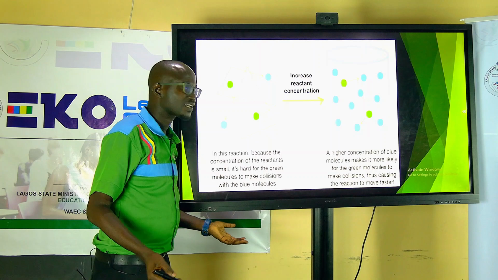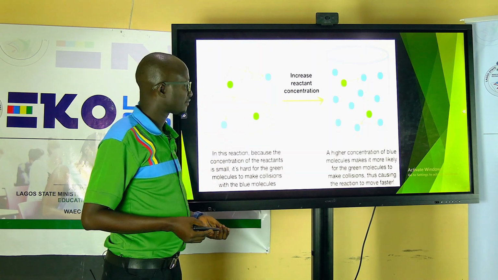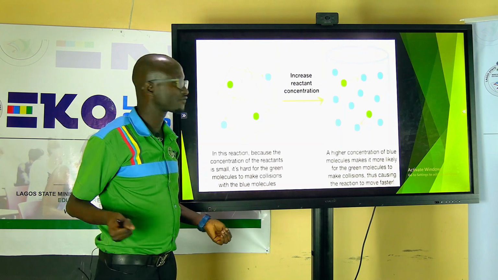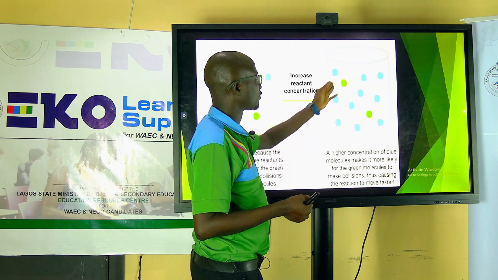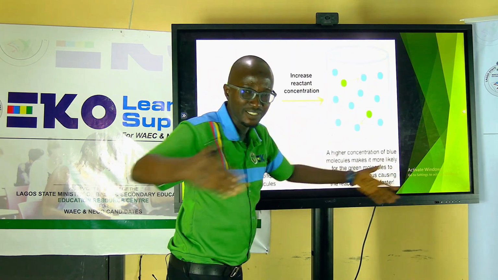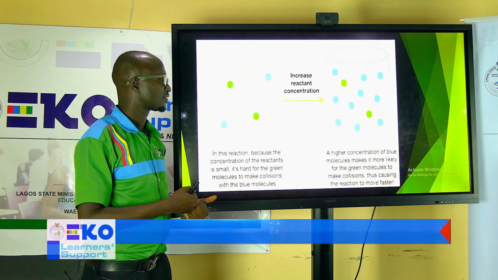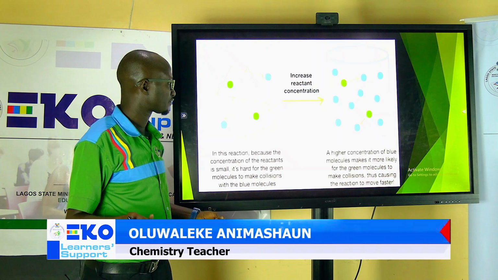So the concentration has been what? Increased. So what does that mean? That means there will be more effective collision. As this one is bombarding it, this one will be bombarding it. It's like it's present in many places. So there will be more effective collision and reaction will be faster. Reaction will be what? Faster.